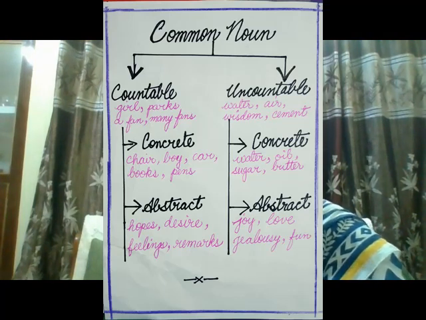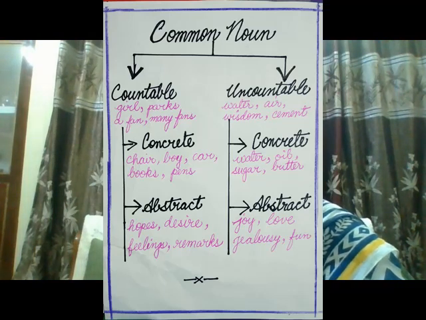Like chair. Chair means we are talking about a single chair, a chair, though the word a is not mentioned there. If we put the letter S at the end of chair, it will become chairs. As we add S, the form will change from singular to plural.